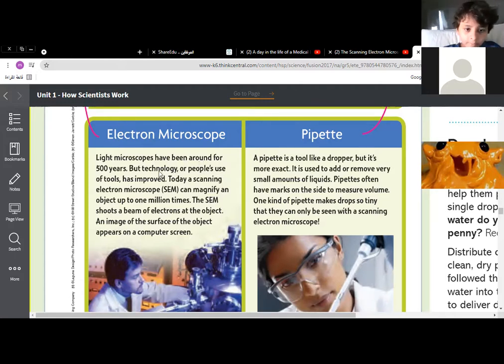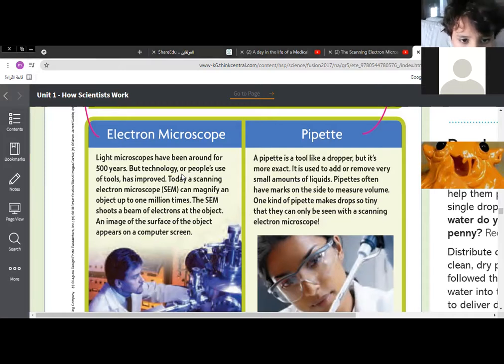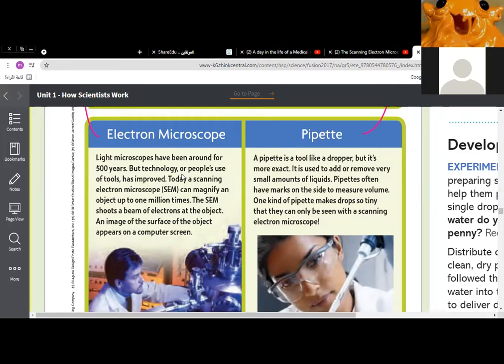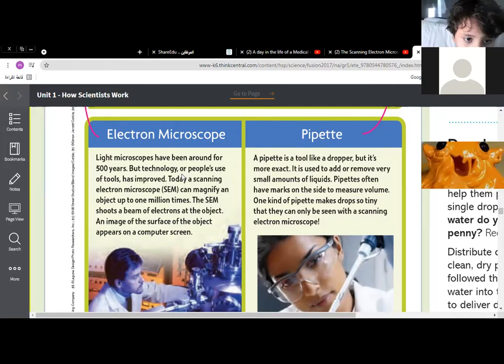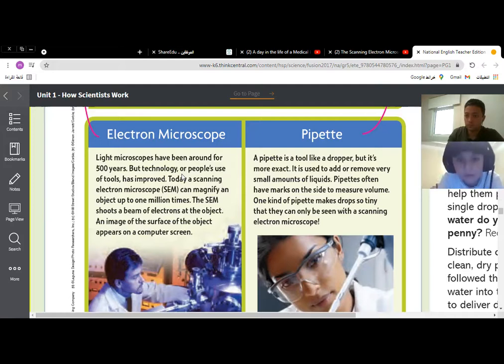Light microscopes have been around for 500 years, but technology, or people's use of tools, has improved.